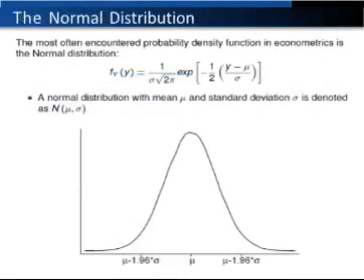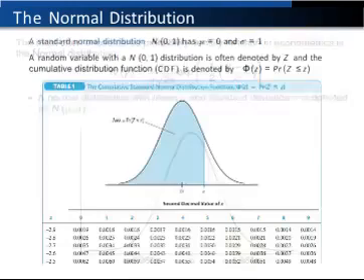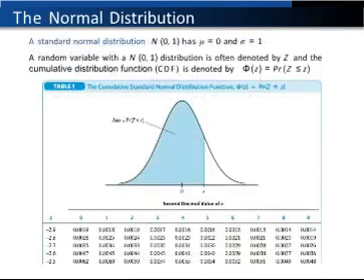The normal distribution. The most often encountered probability density function in econometrics is the normal distribution, given on this slide. A normal distribution with mean mu and standard deviation sigma is denoted as N(mu, sigma). The standard normal distribution N(0,1) has mu equal to 0 and sigma equal to 1.